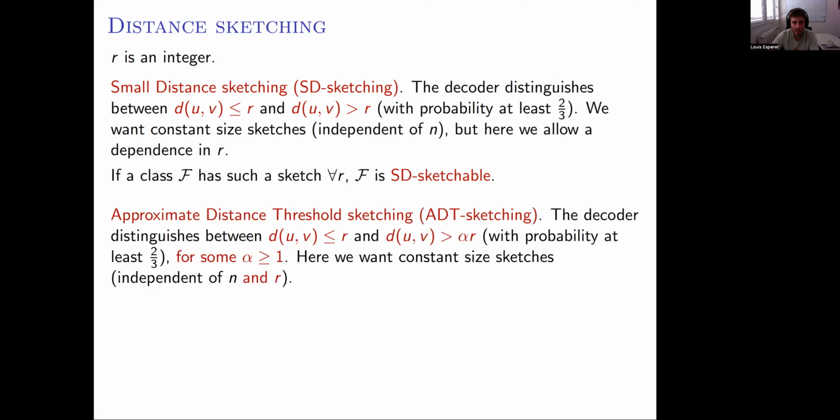Another very interesting variant that has been studied, I'll come back to that, is ADT sketching, approximate distance threshold sketching. So here you have some constant alpha, some real number, at least one.